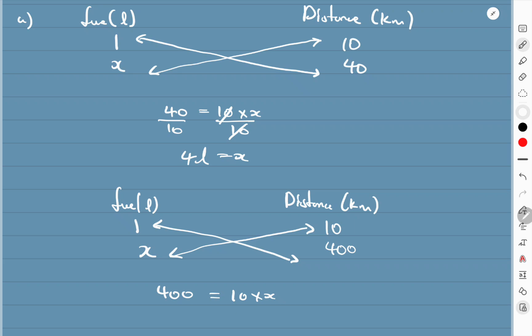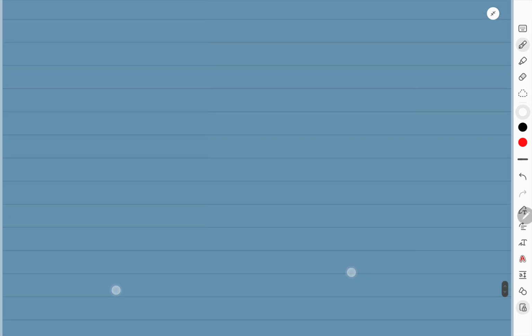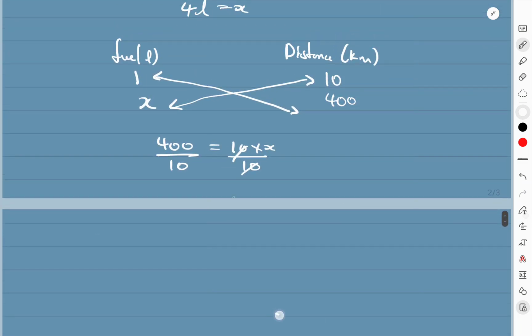It means I have to divide. It means I'm going to divide both sides by 10. Therefore, 10 and 10, I'll be left with X, right? Now, what is 400 divided by 10? The answer becomes 40.